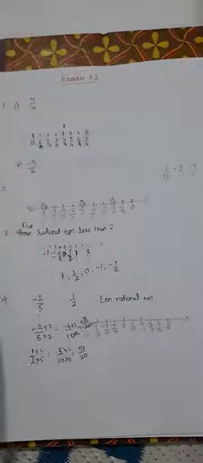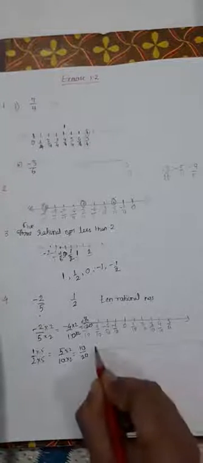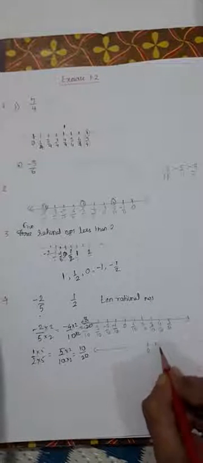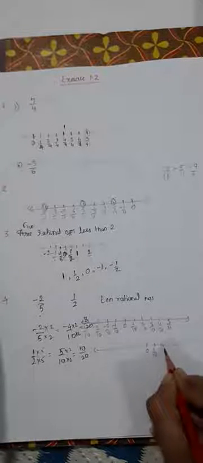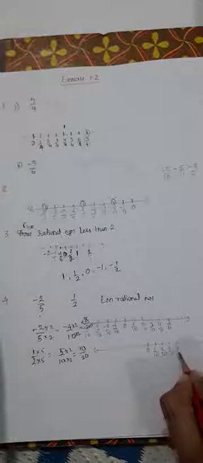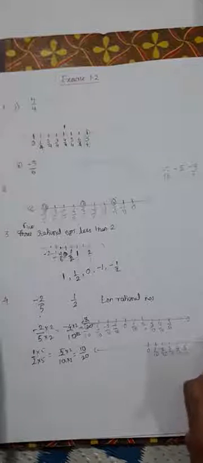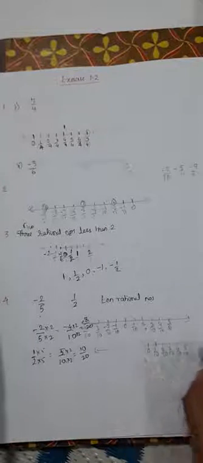Now we will get more rational numbers, and you can see on the number line. It is 0. Here it will be 1 by 10, 2 by 10, 3 by 10, 4 by 10, 5 by 10, and so on till 10 by 10, that is 1. 10 by 20 also is here.